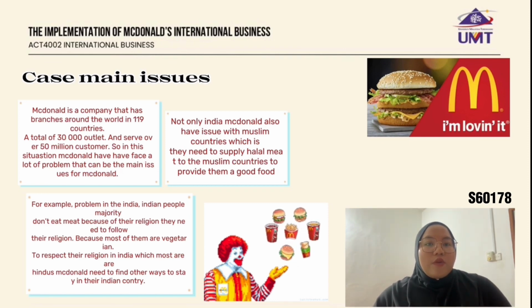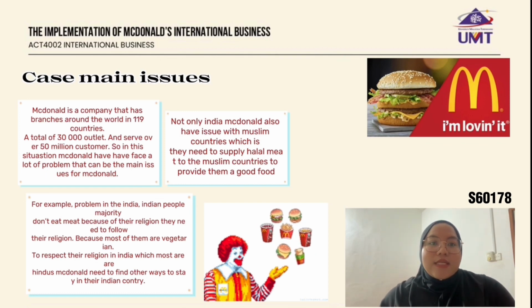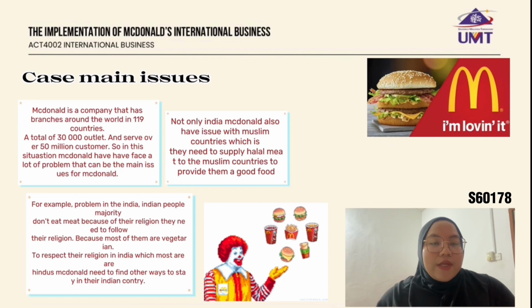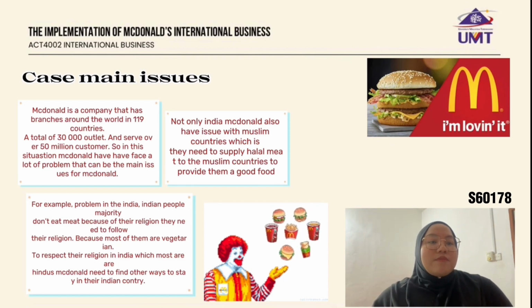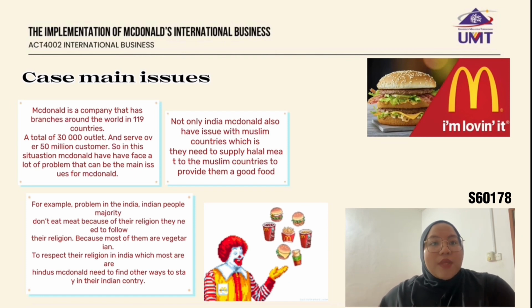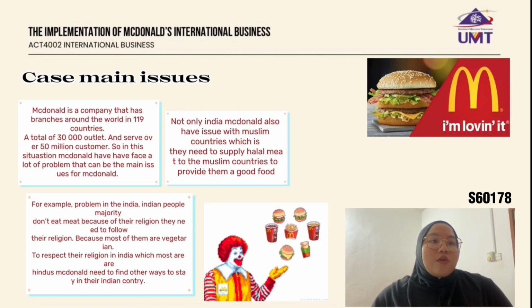To follow their religion, they do not eat meat at all because most of them are vegetarians. To respect their religion in India, McDonald needs to find other ways to keep their company in India.